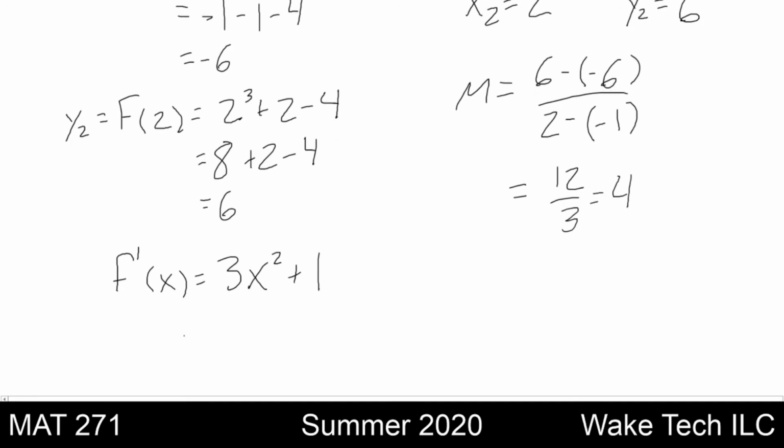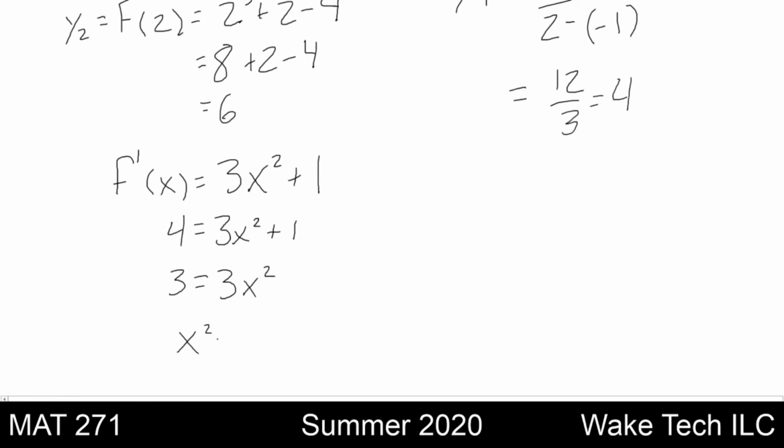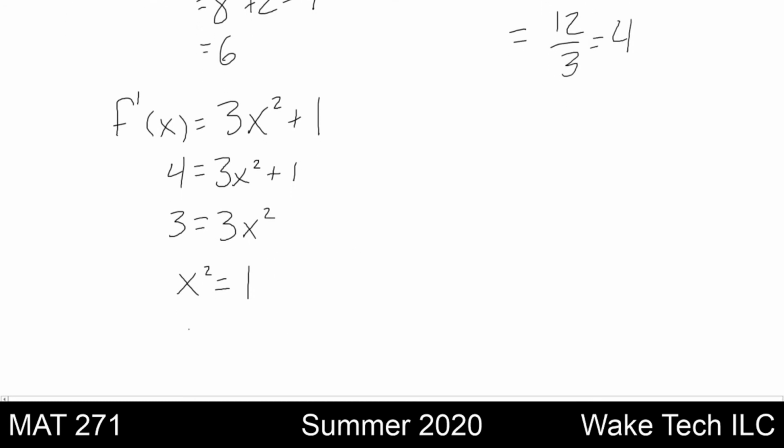Now we need to set this equal to 4, so 4 is equal to 3x squared plus 1. That says that 3 is equal to 3x squared, or that x squared is equal to 1. I've divided by 3 and switched the sides. That tells us that x is equal to plus or minus 1.